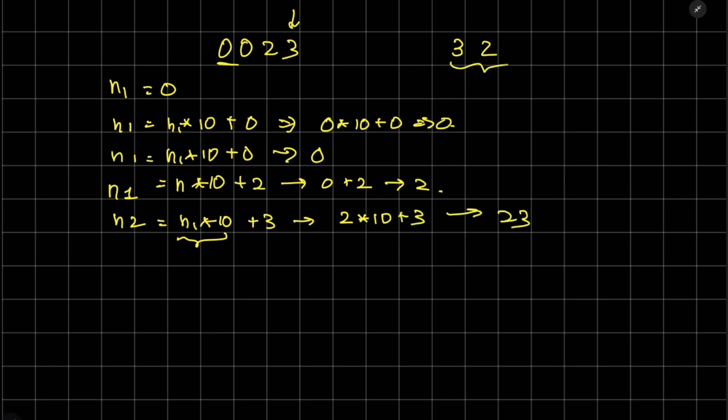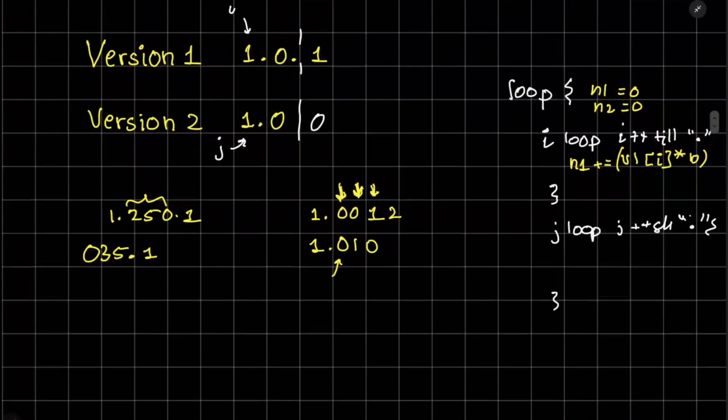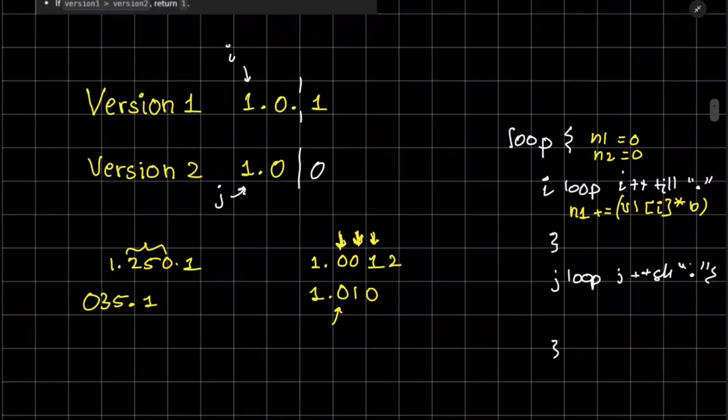And similarly for 32, it has no leading zeros, so it would be 0 multiplied by 10 plus 3, that is 3, and then 3 multiplied by 10 plus 2, so that would be 32. The same thing is what we are trying to do here: until we find this dot, we will calculate this number and store it in n1 for version 1, and n2 would be for version 2.